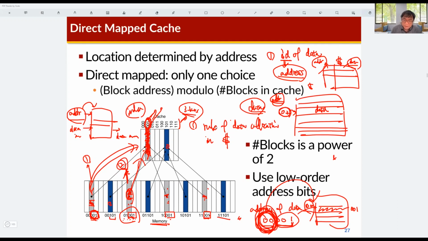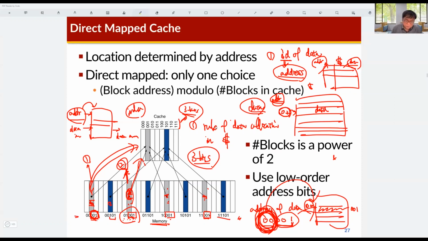In the previous slide, this slide shows the example of direct mapped cache, and as you can see, this direct mapped cache includes 8 entries. That means we can use 3 bits for the index of the cache because this cache has 8 entries.